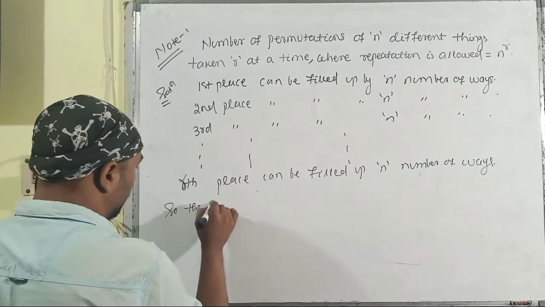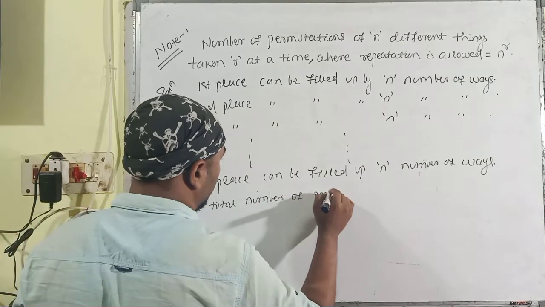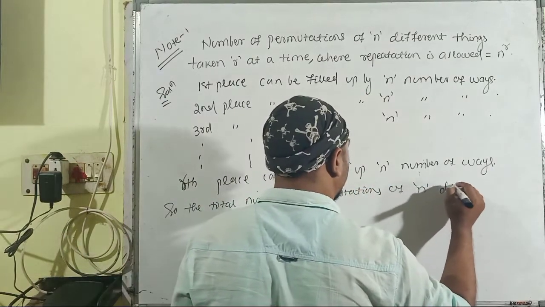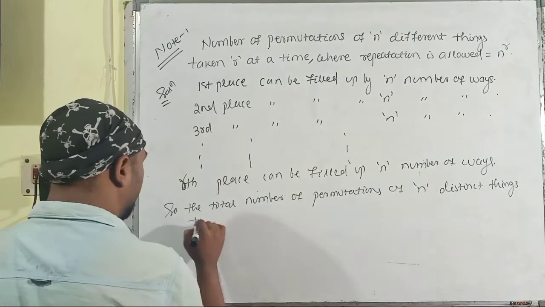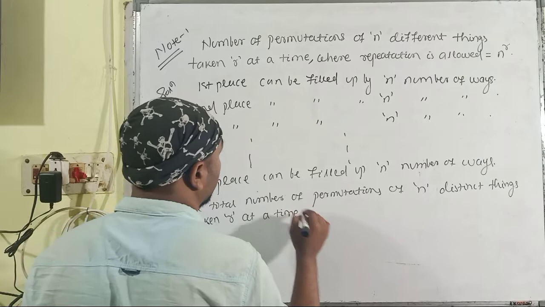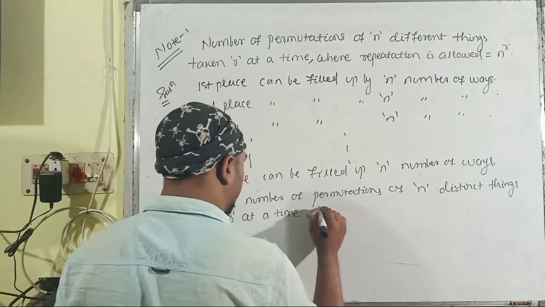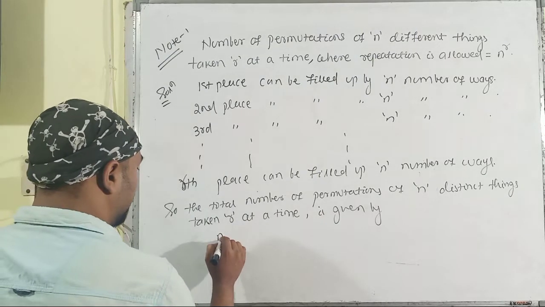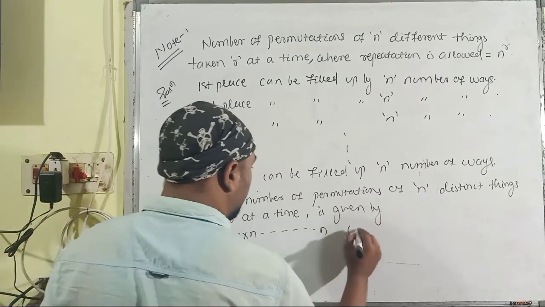So the total number of permutations of n distinct things taken r at a time, where repetition is allowed, is given by n multiplied with n multiplied with n, r times.